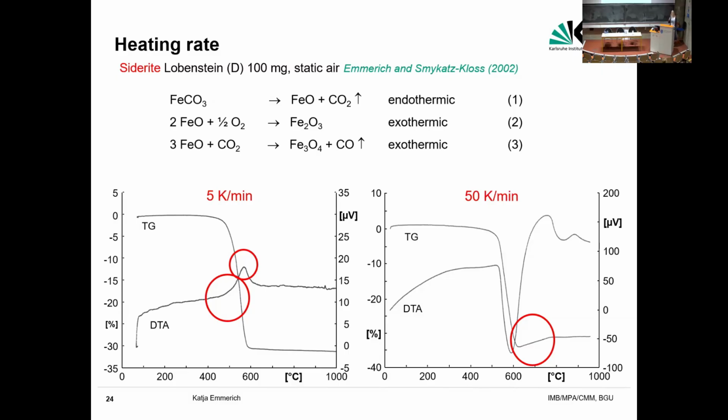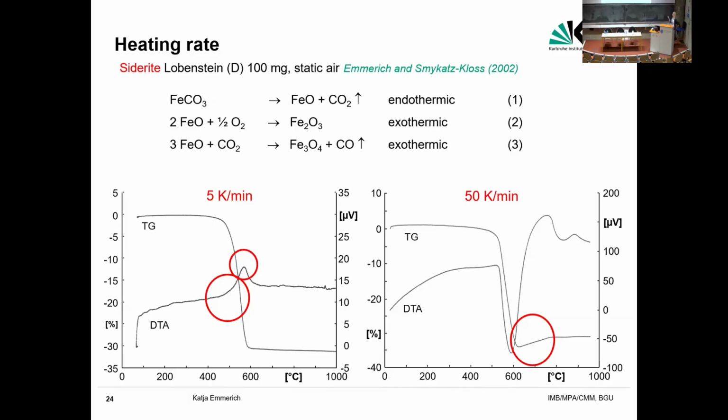So if you already have an expectation of the thermal effects that you should observe, and if you don't see them, play around with the heating rate, and then very often you will be able to see all the effects that you expect.